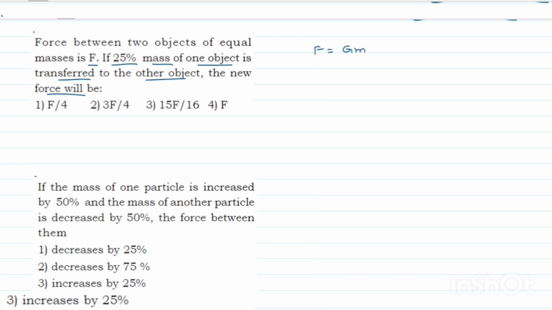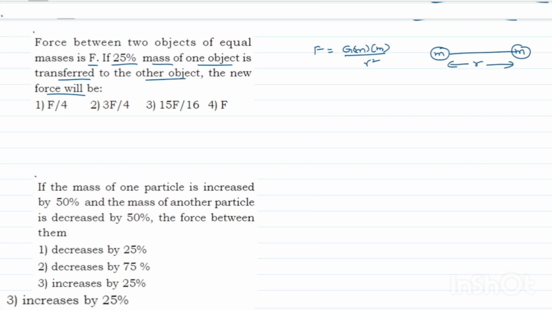So you can take m1 as m, and m2 also as m, by r square. Now 25% of the mass is transferred to the other mass. Initially these two are separated by distance r.